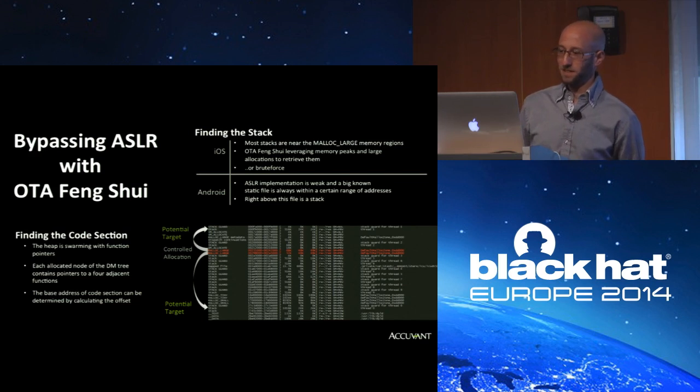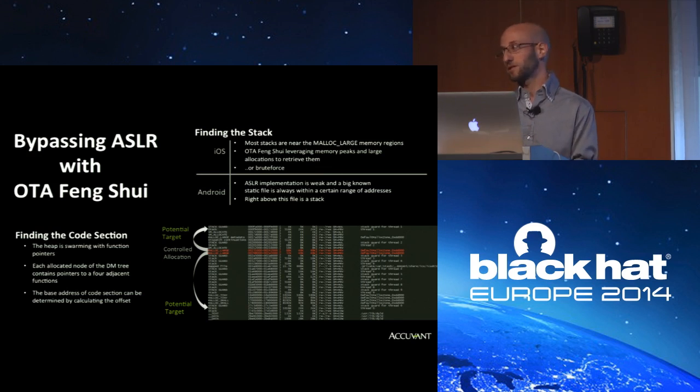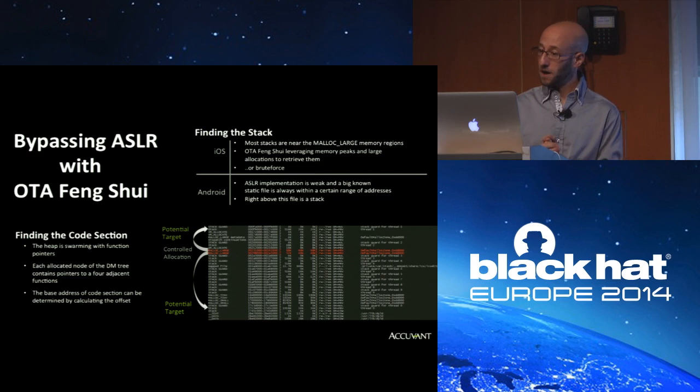So using what we call OTA Feng Shui, we leverage different size allocations as well as arbitrary reads and memory peeks to find out where we are. And if not, we'll just brute force it.